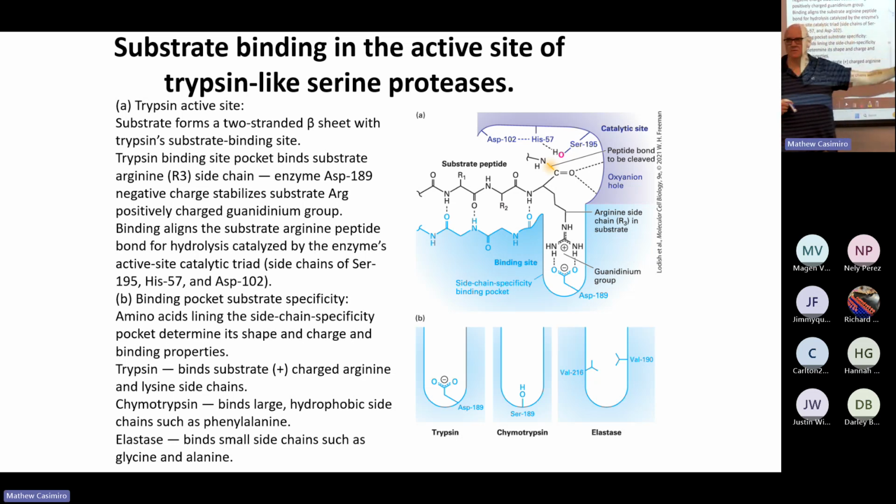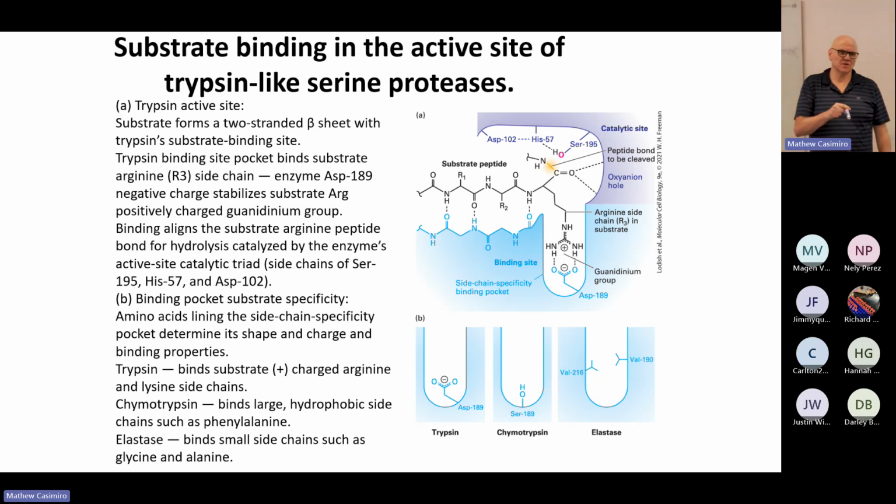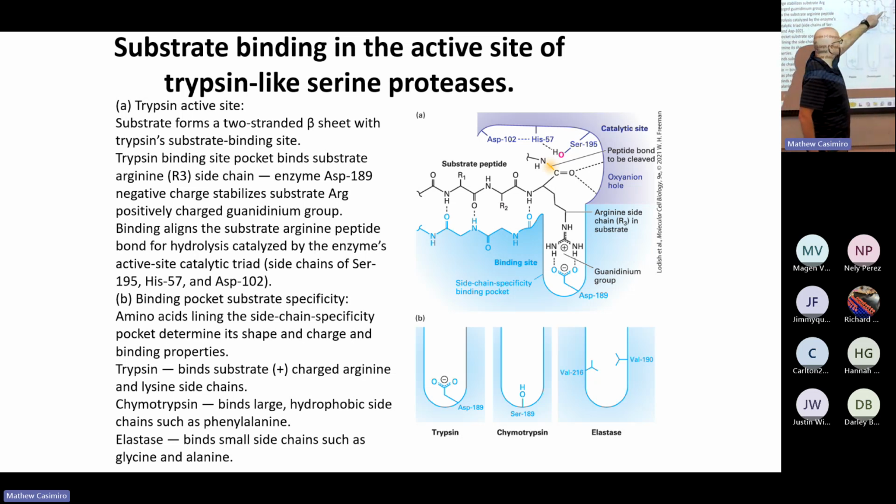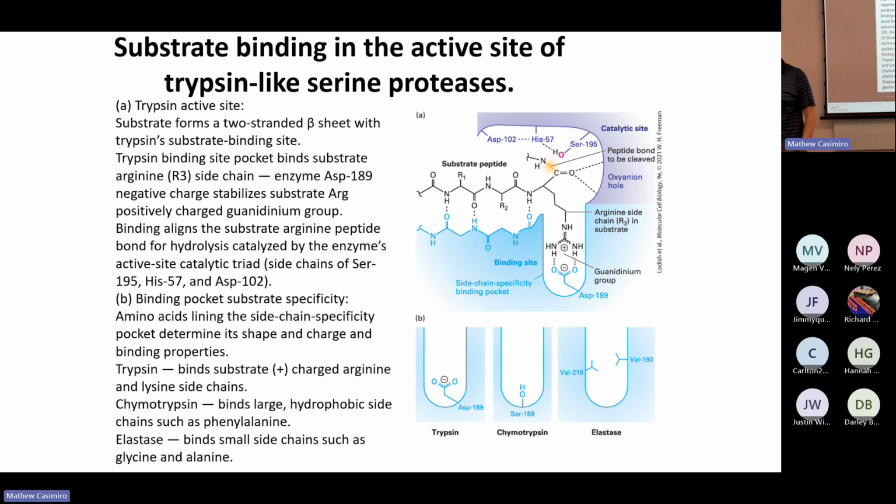Right? Now, the specificity of the enzyme comes from this binding site here, which recognizes certain amino acids, right? And so the amino acid that trypsin cleaves next to is an arginine amino acid. These sites are not very specific, right?